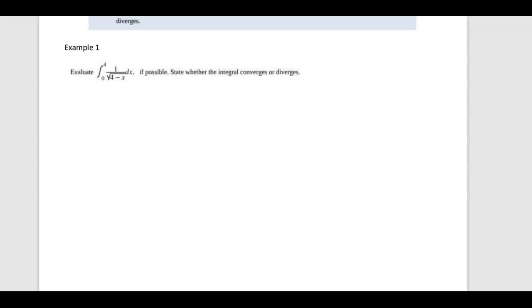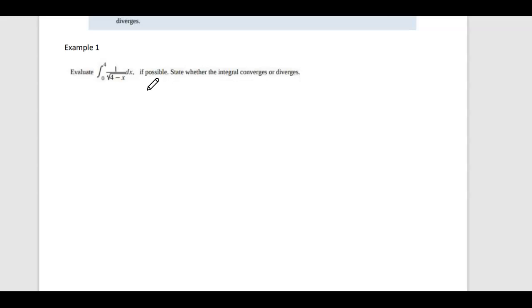But if I plug in 4, 4 minus 4 gives me 0. And so I must actually have a vertical asymptote, knowing that the 0 here is a number over 0, and so that discontinuity is a vertical asymptote at 4.